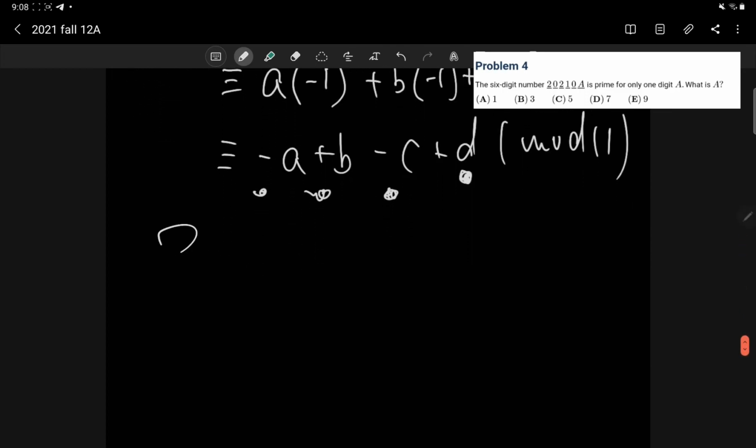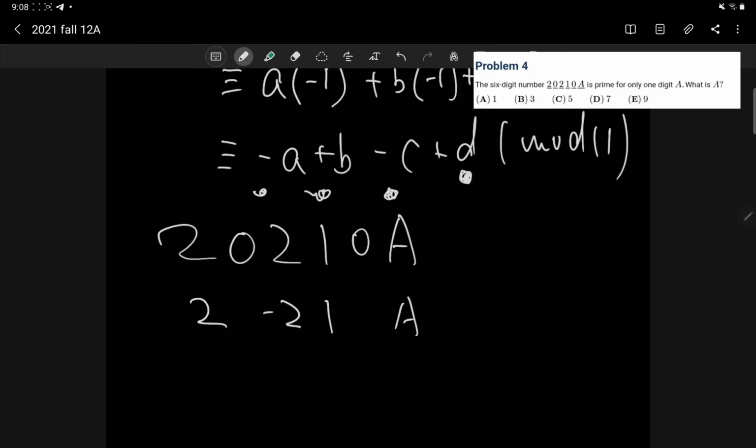So we have 2, 0, 2, 1, 0, A. The signs alternate: 1, negative 1, positive 1, negative 1, positive 1, negative 1.